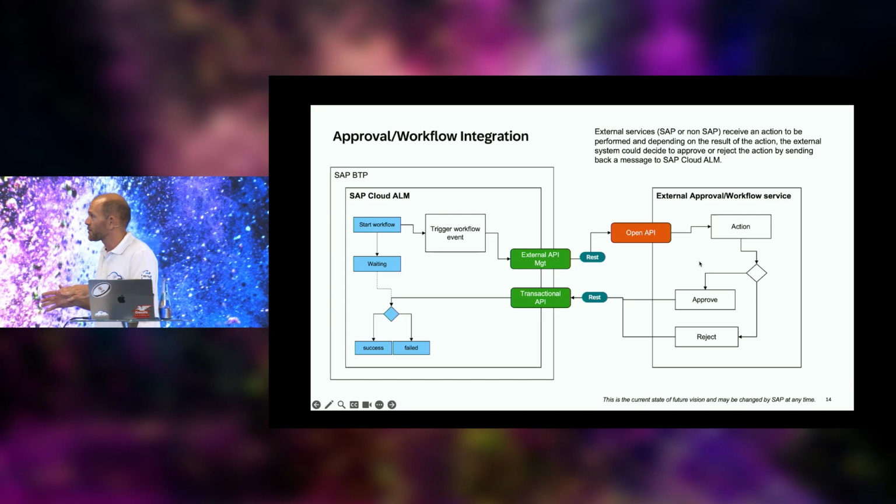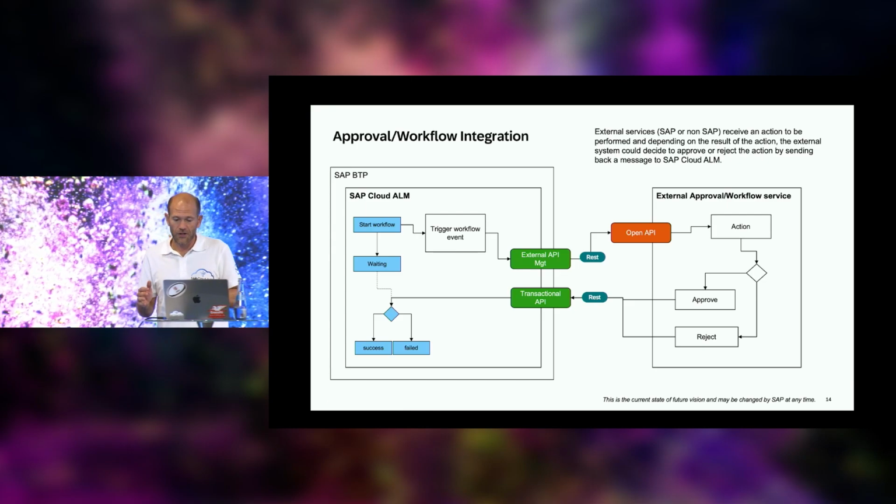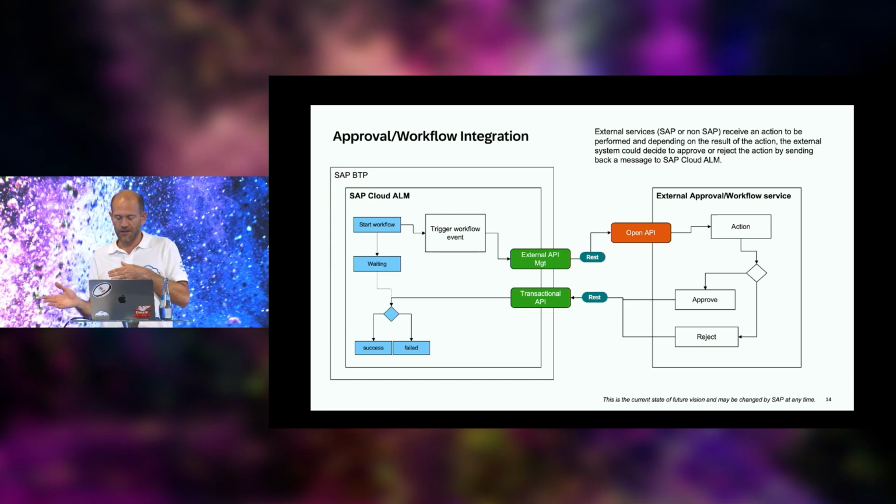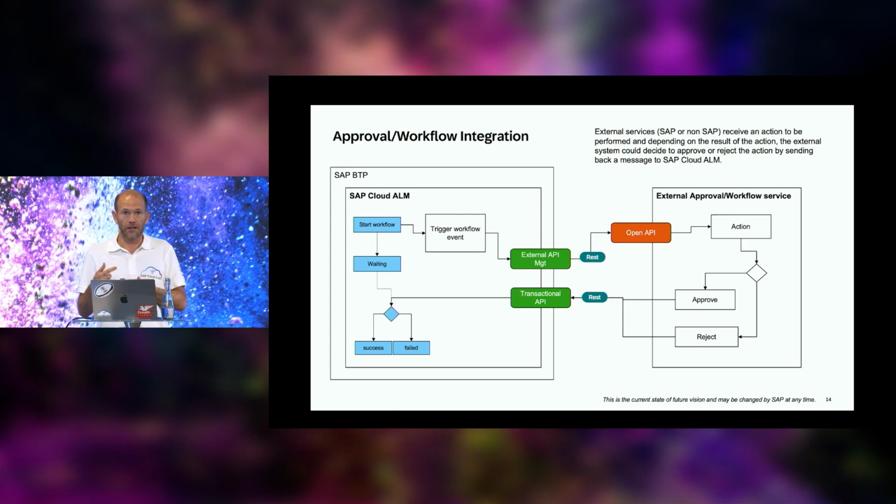On the external systems, some people will do some administration, so they will receive the notification about this new approval workflow. They will be able to check the data, and then at the end of the process, they approve or reject the workflow. And with these actions, using the transactional API, we will update the requirements on SAP Cloud ALM.